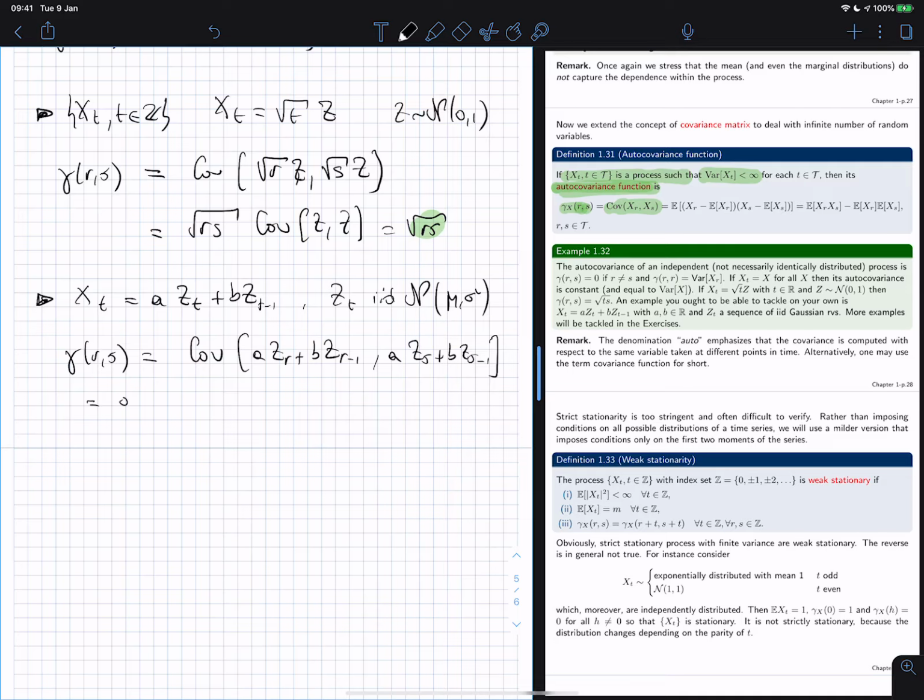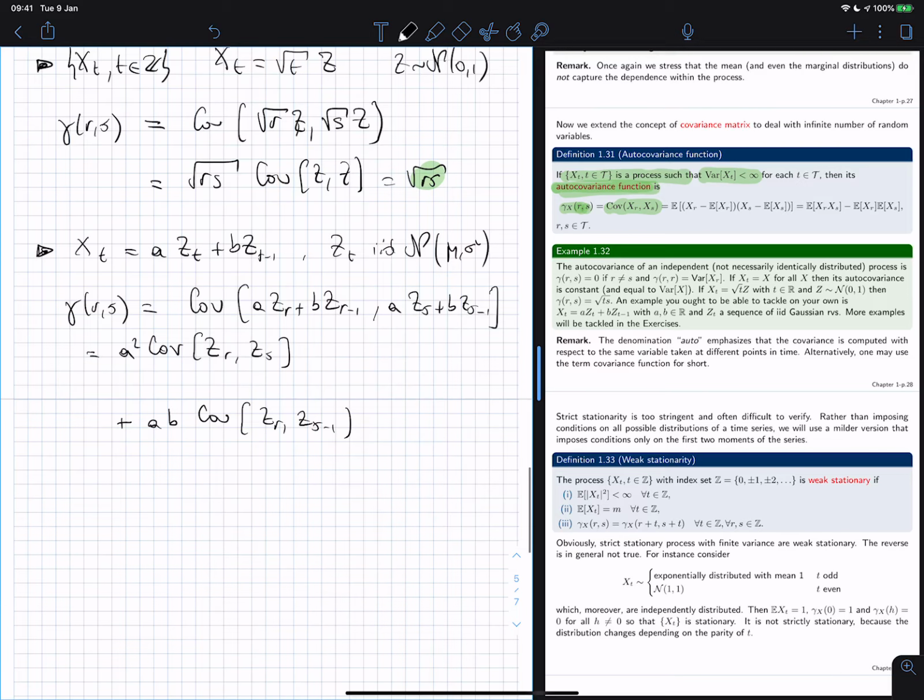Here I'm just going to use the bilinearity to get this. So it's a squared... you give me a shout if I'm making a mistake. I think I've made no mistake so far.